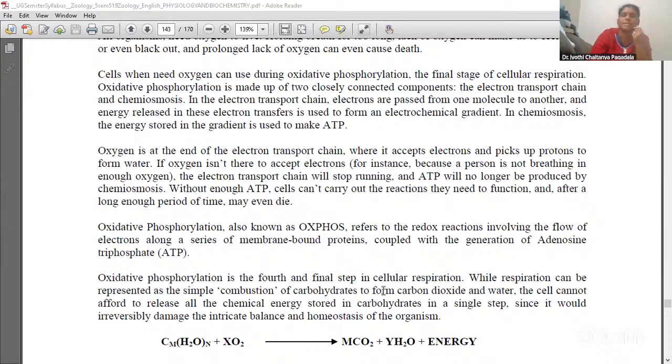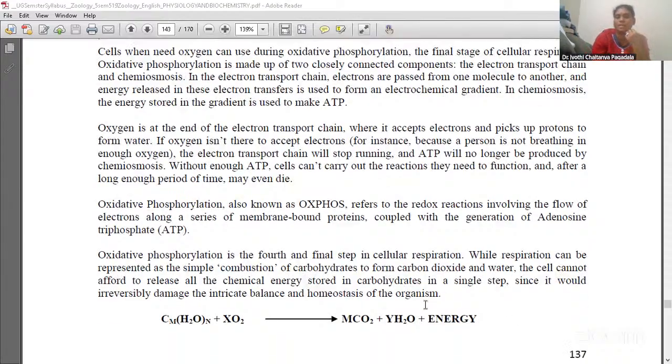The same reaction happens here, but we are not using any fire. The cell cannot afford to release all the chemical energy stored in the carbohydrates in a single step, because it would be irreversible damage that upsets the balance and homeostatic status of the organism.